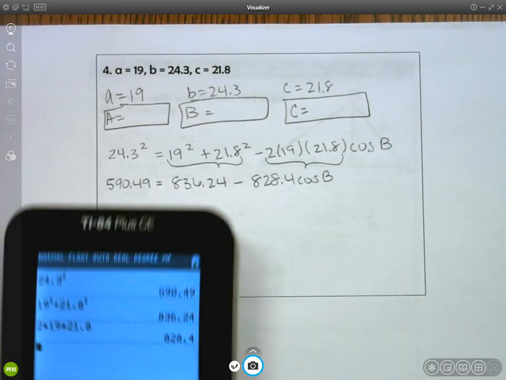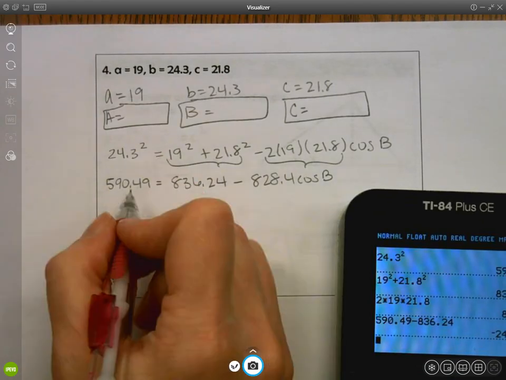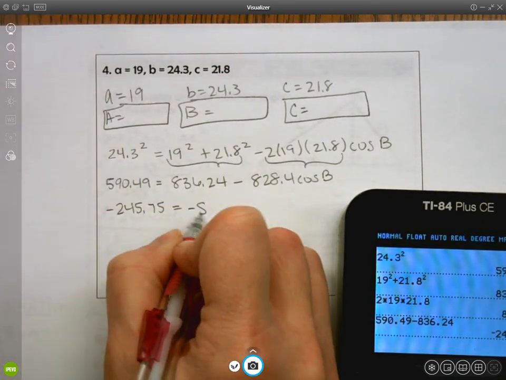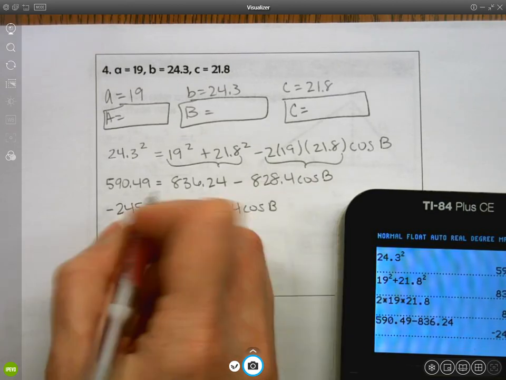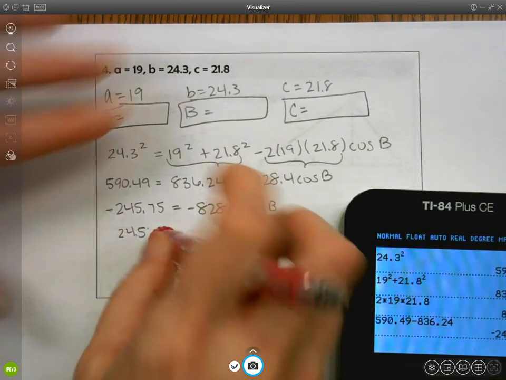So then we subtract the 836.24. Then we're going to divide this over. They're both negative, so it'll be a positive.